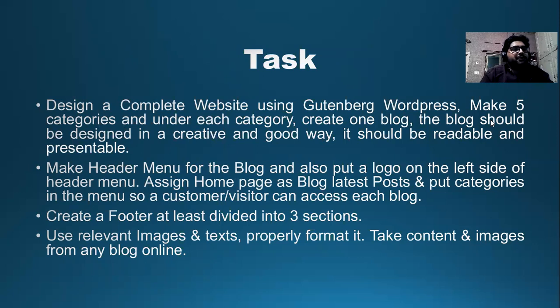You can search it online. Suppose you search online for tech blogs, and under tech you will find different categories of mobiles, gadgets, etc. So you will create 5 categories, and under each category you will create 1 blog. For example, under the tech category you will create an iPhone, a mobile blog. So under 5 categories you will be creating 1 blog.